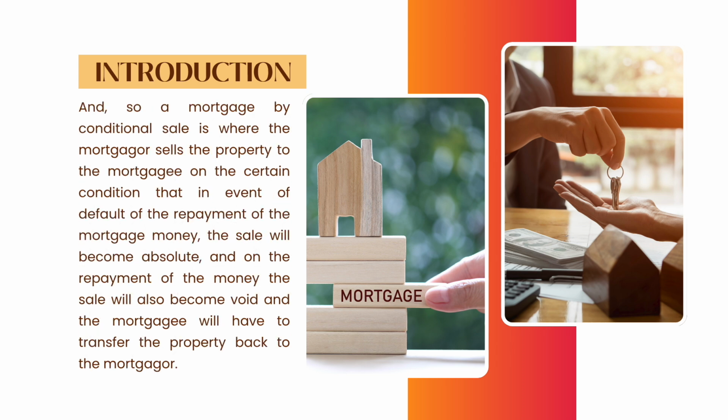And so, a mortgage by conditional sale is where the mortgagor sells the property to the mortgagee on certain conditions: in the event of default of the repayment of the mortgage money, the sale will become absolute, and on the repayment of the money, the sale will also become void, and the mortgagee will have to transfer the property back to the mortgagor.